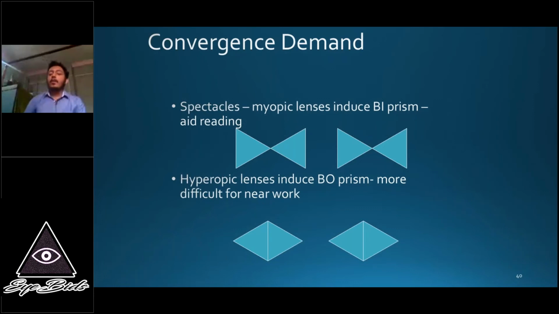But what happens in the contact lens? If anybody is wearing spectacles and shifting to contact lenses, let's suppose first for myopia. For myopia, when the patient was wearing the spectacle, the need of convergence was less, because of the prismatic effect, they were easily finding the image.